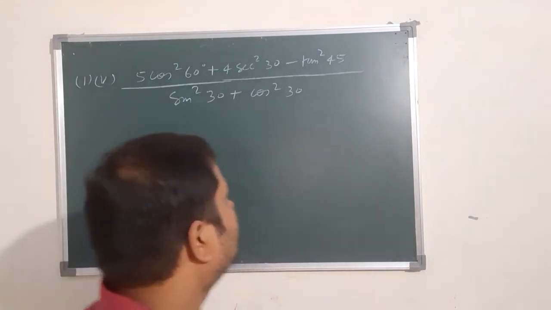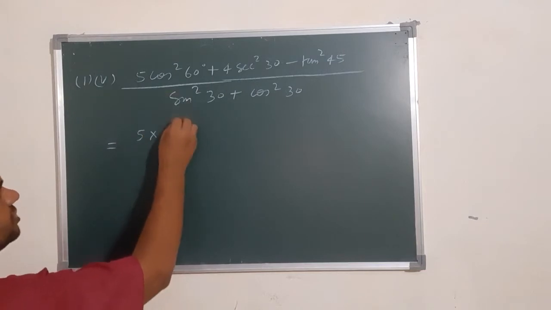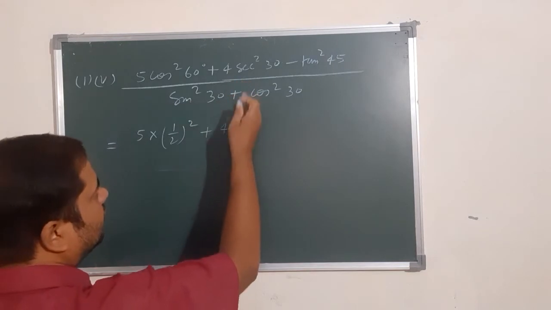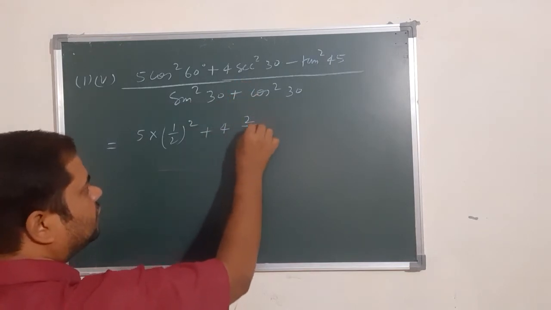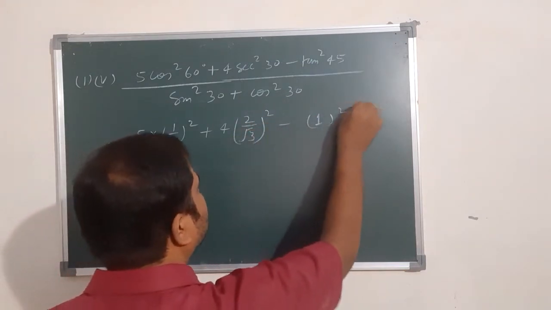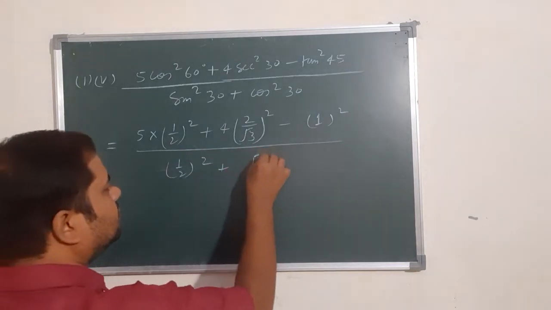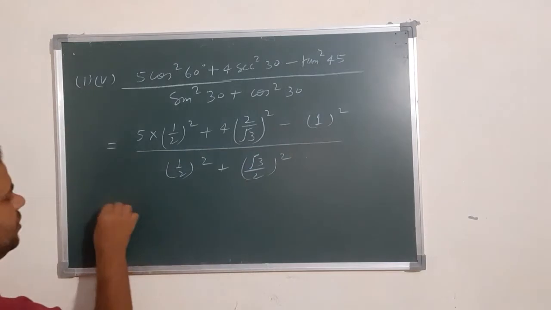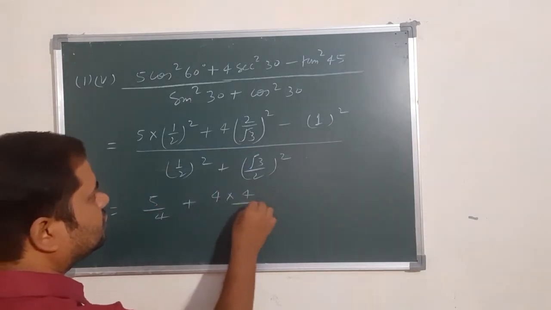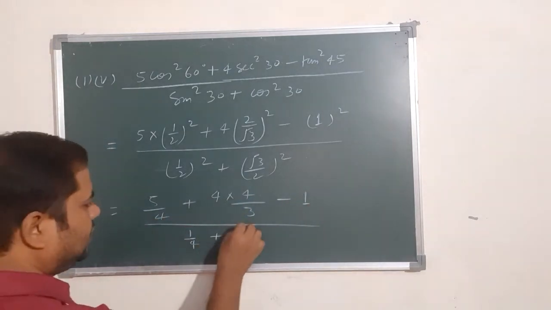Okay, see, 5 cos square 60, that means 5 into cos 60, 1 by 2 whole square, 4 sec square 30, that means 2 by root 3 whole square, and minus tan square 45, 1 whole square, and this is 1 by 2 whole square and plus root 3 by 2 whole square, and this becomes 5 by 4 plus 4 into 4 by 3 minus 1 divided by 1 by 4 plus 3 by 4.